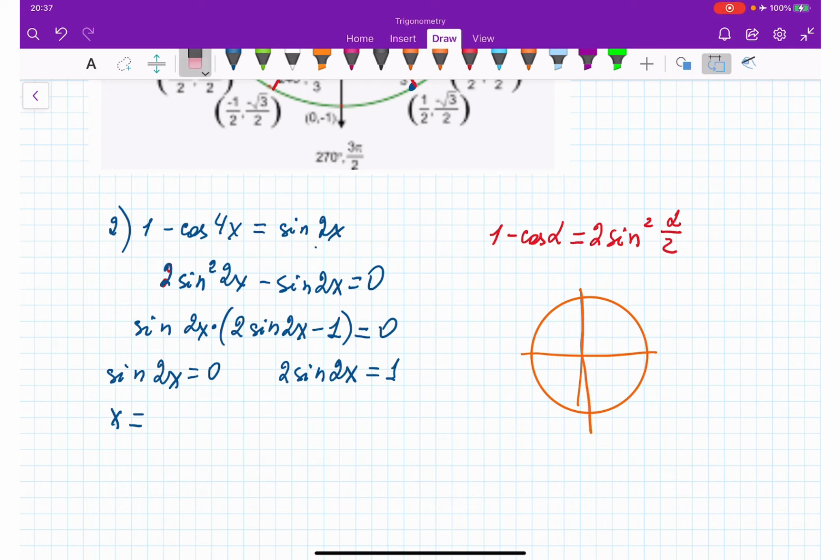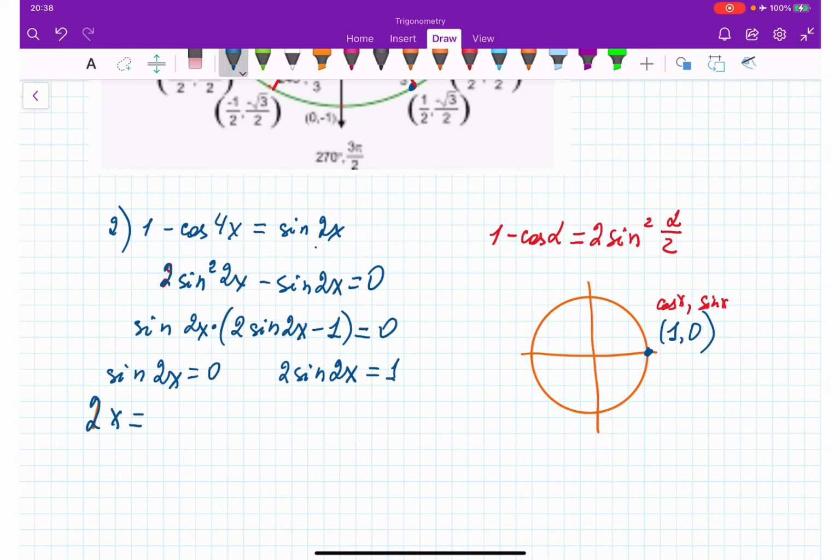So what do we have? We have that the cosine is equal 0. Sine is equal 0. When sine is equal 0, sine is equal 0 at the point of 0, right? Angle 0, because it has cosine equal 1 and sine x equal 0.